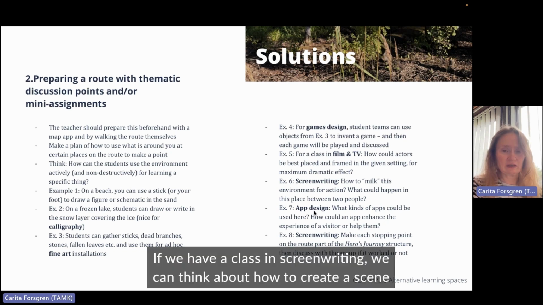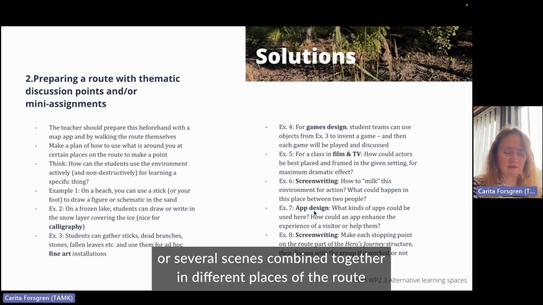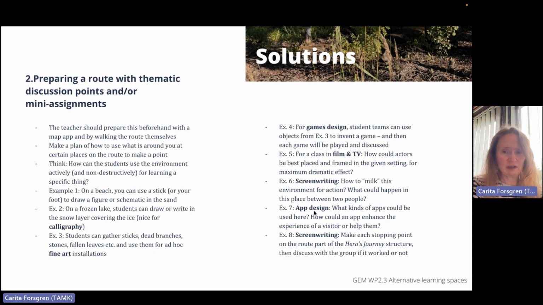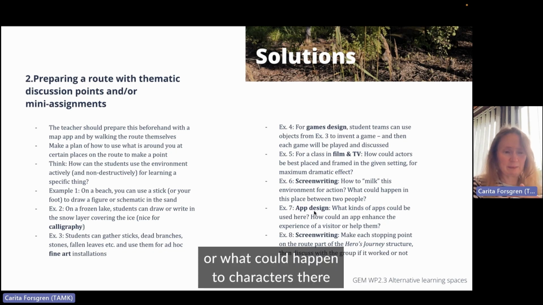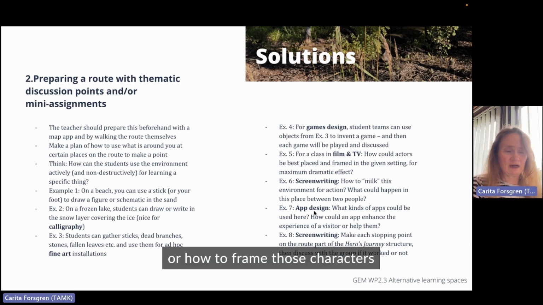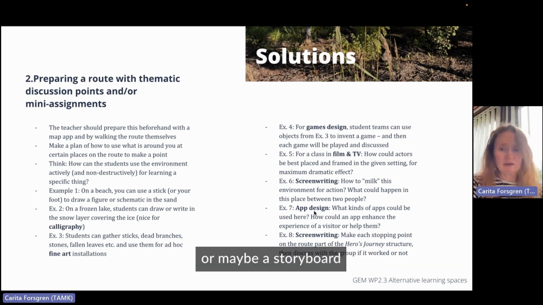If we have a class in screenwriting, we can think about how to create a scene in this specific place, or several scenes combined together in different places of the route, and what could happen to characters there, or how to frame those characters, or maybe a storyboard.